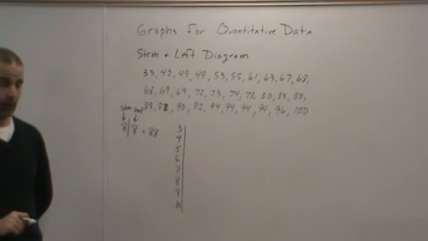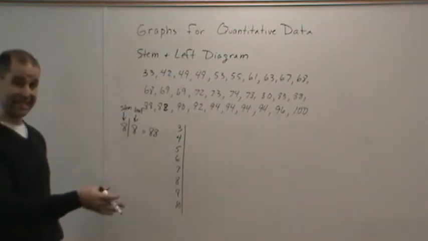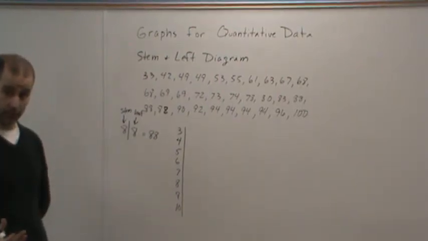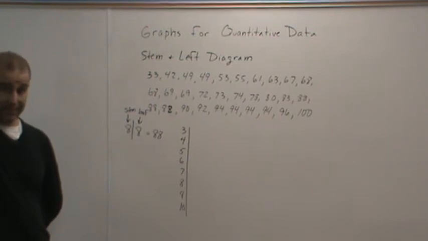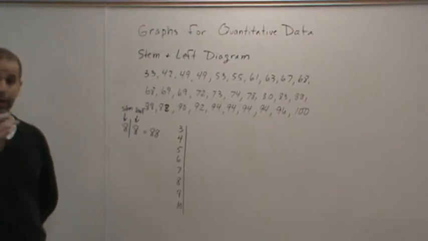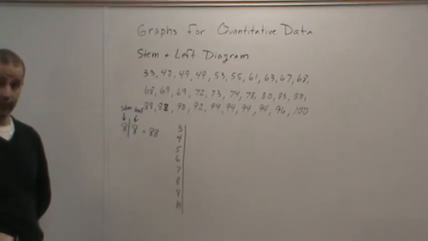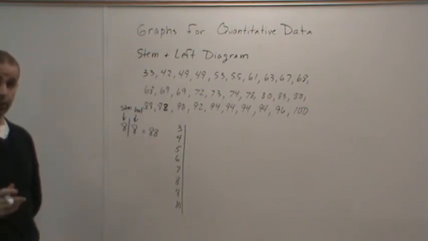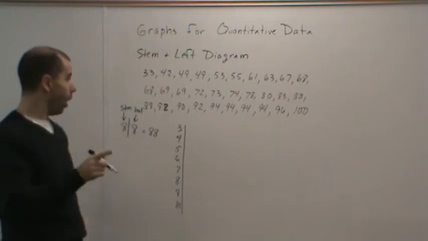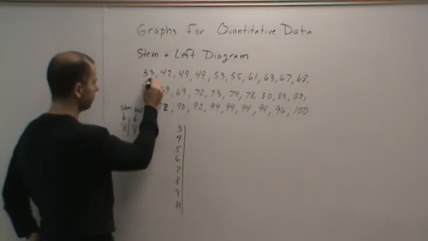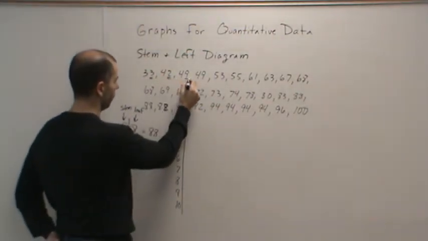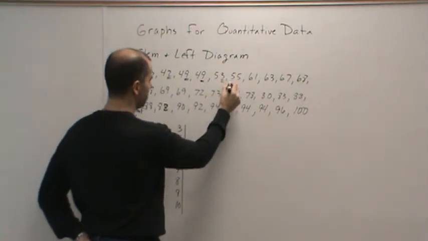Okay? So now on the right side of the line are my leaves. So all of the ones digits I'm going to place in the leaves. Now how am I going to do that? I'm going to do it by increasing order for all of the ones digits of every single observation.